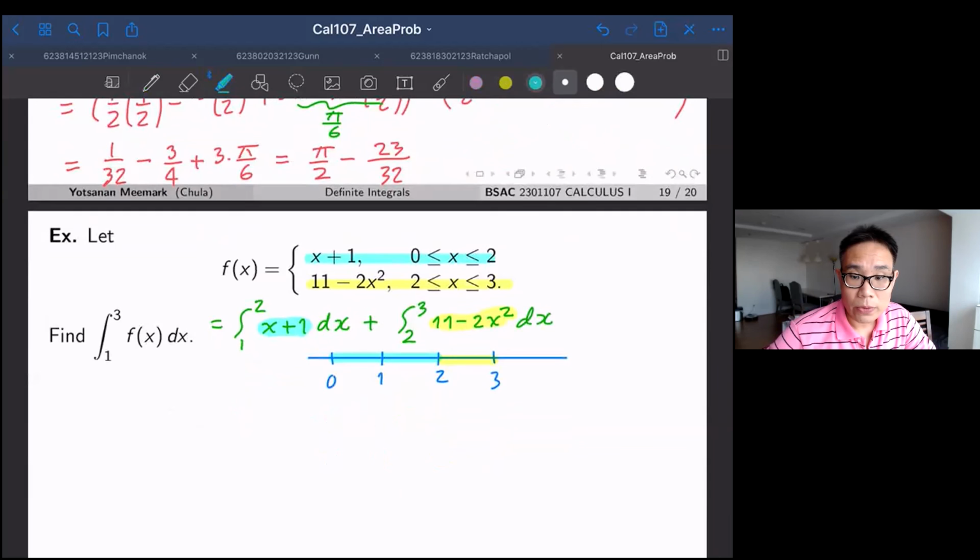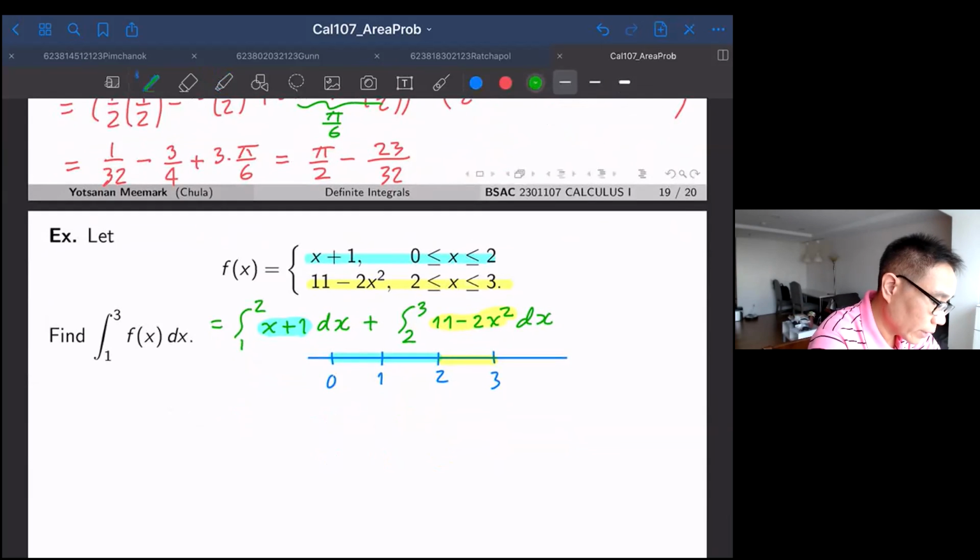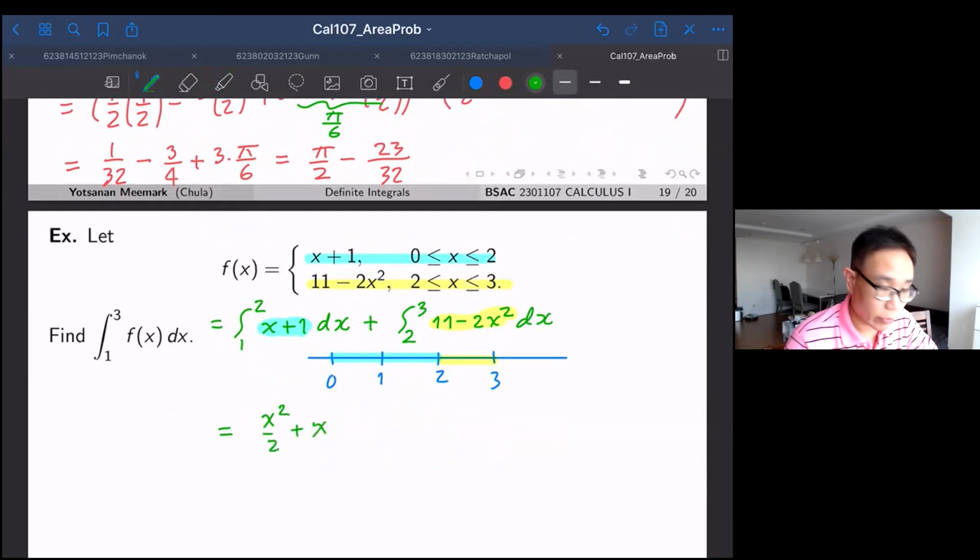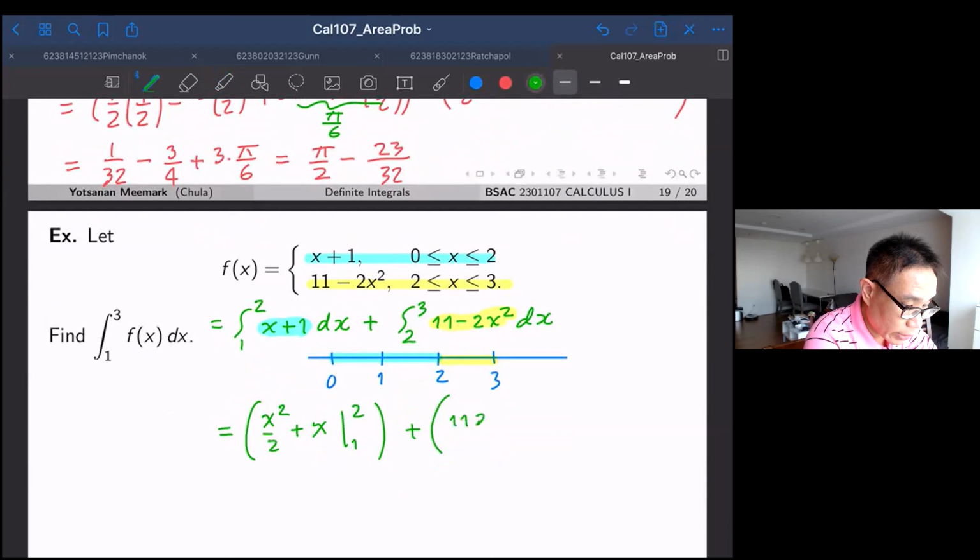And then you're going to integrate this one. The integral of x plus 1 is x squared over 2 plus x, from 1 to 2. That's my first term. And my second term will be 11x minus, sorry, 2 times x cubed over 3, from 2 to 3.